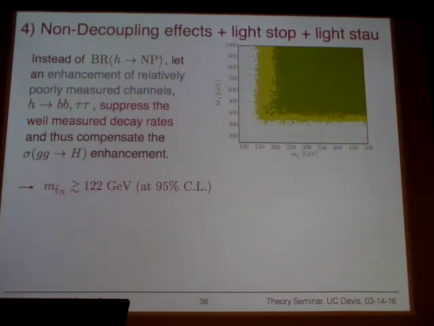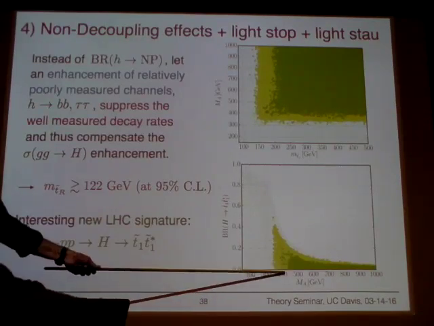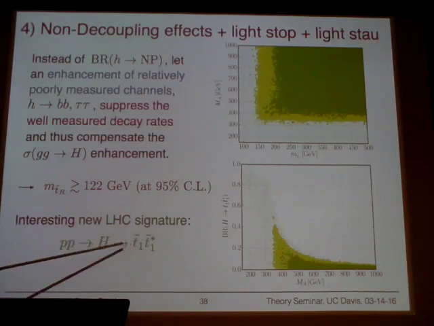Okay. Just a curious thing about this scenario is that we saw that there's a nice new signature which might or might not be useful, where you produce a heavy CP-even Higgs, and it can actually decay to the light stops.